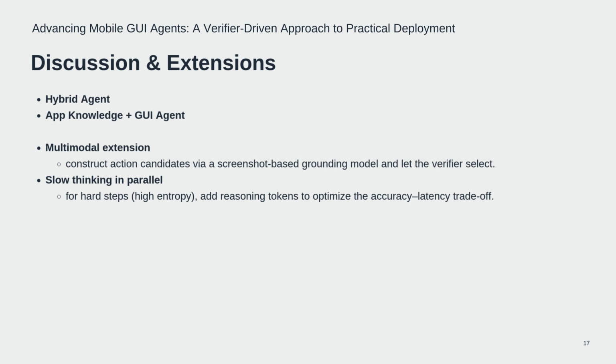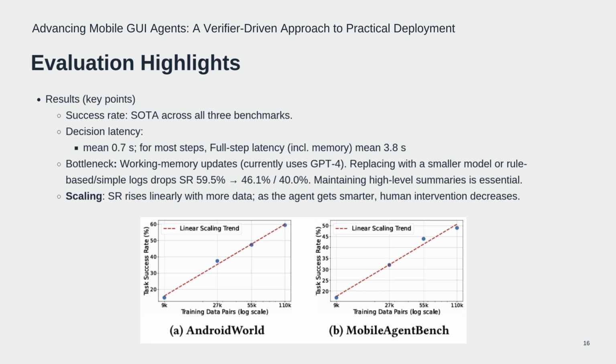Before concluding, let's talk about the outlook and what's next. One important observation from our work is regarding scalability. The success rate of Voidroid rises roughly linearly with more training data.